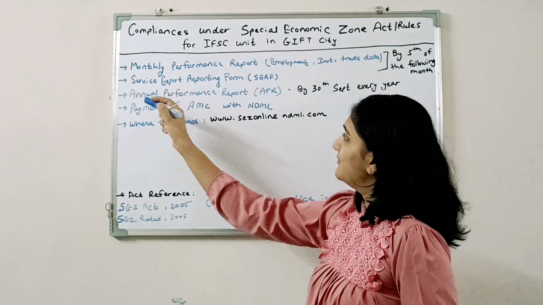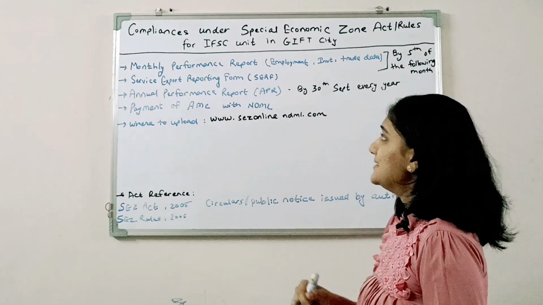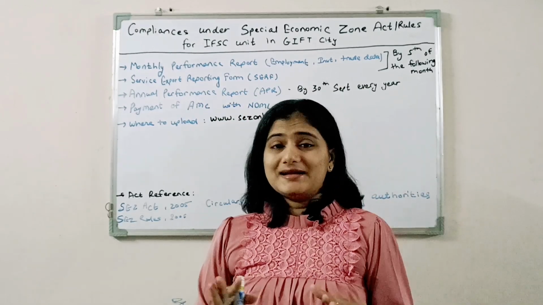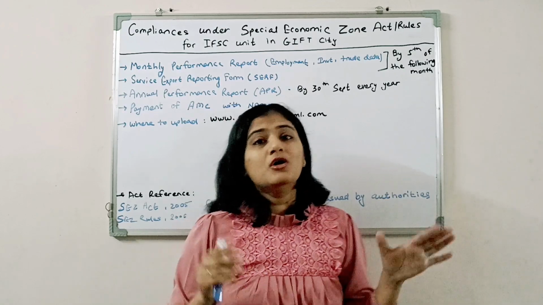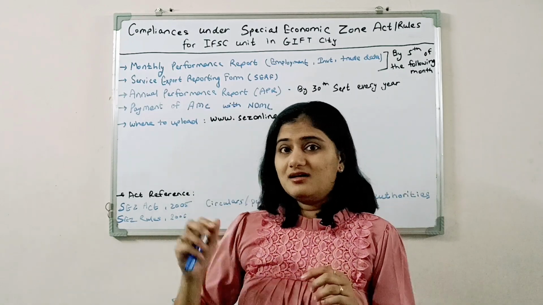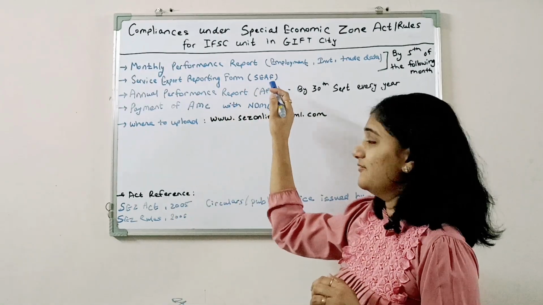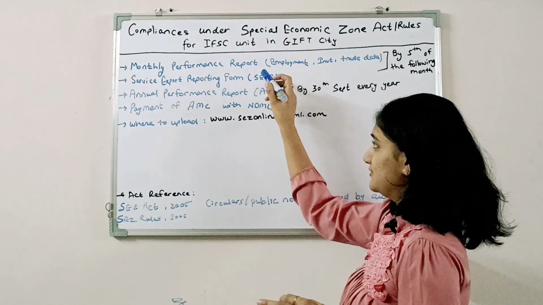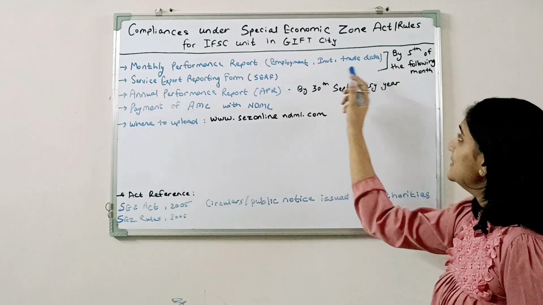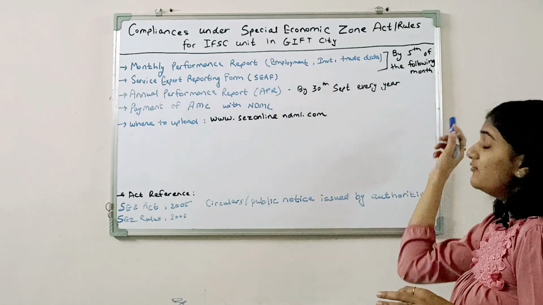Then next, the Service Export Reporting Form, SERF. It is mandatory for all IFSC units. Even though it is not applicable to you, you have to file the NIL report for this SERF. The timeline for both these forms or reports is by the 5th of the following month.